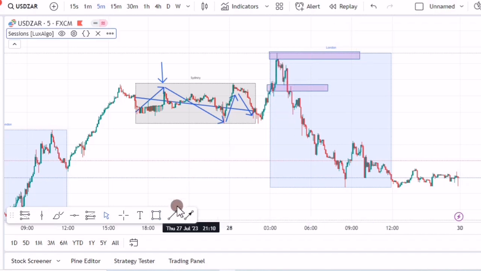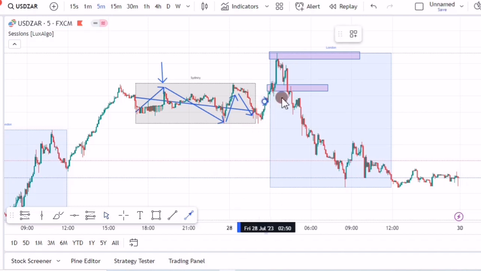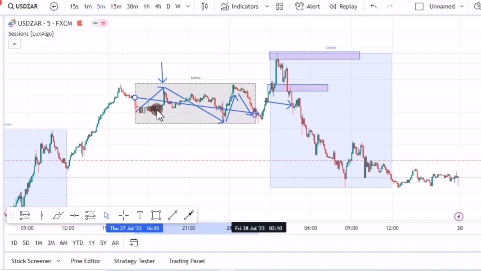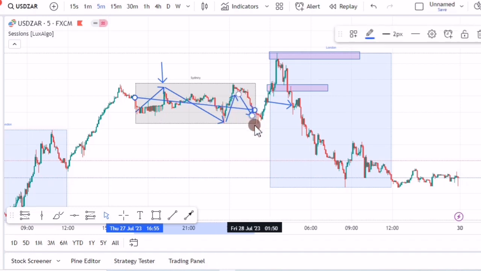And then when price closes below right there, that is where you take the sell trade, because remember, based on Sydney, when you mark from the starting point to the ending point, price was selling.